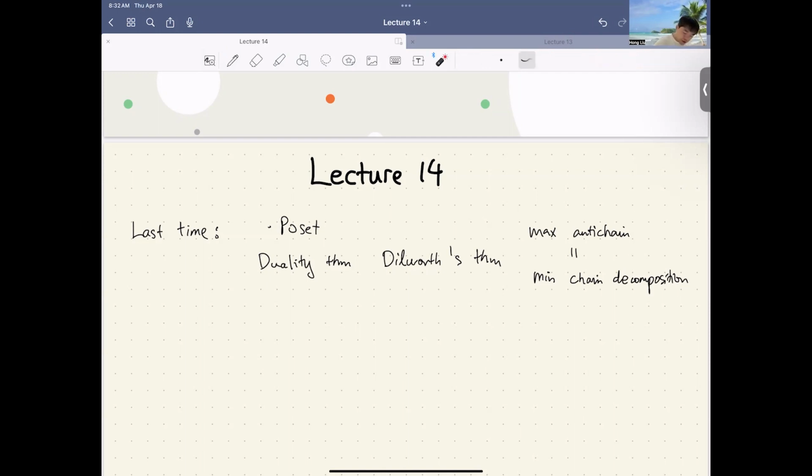So for any chain decomposition we mentioned last time, its size is always at least the size of any anti-chain.